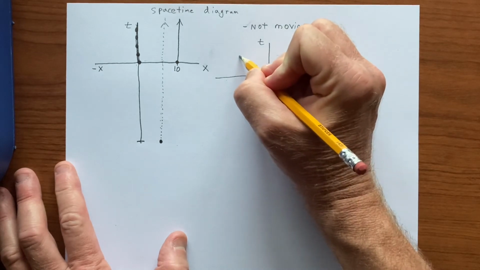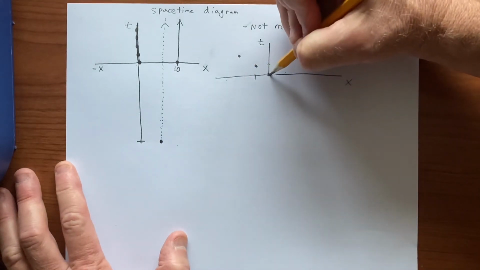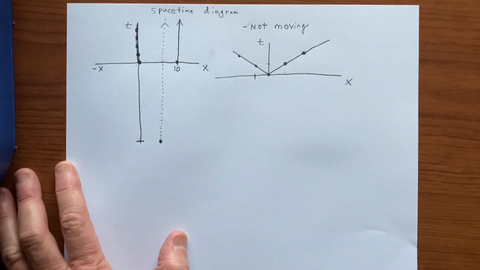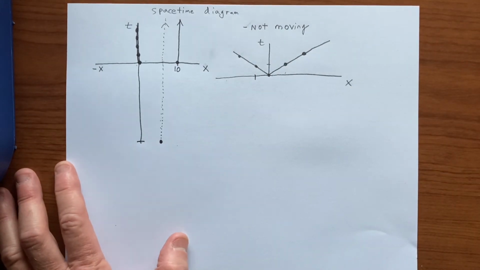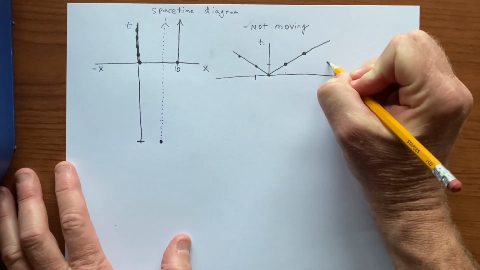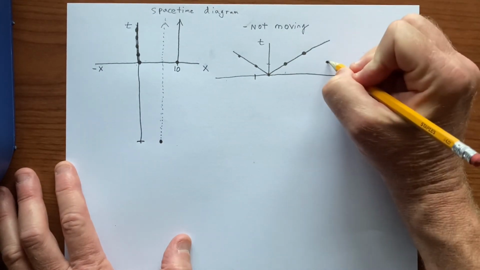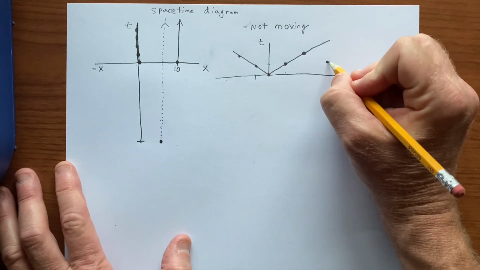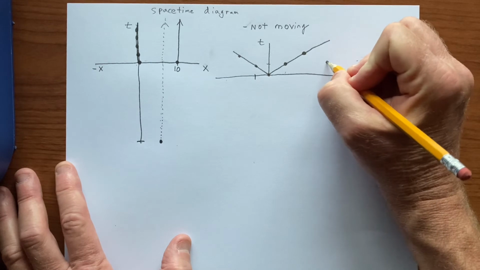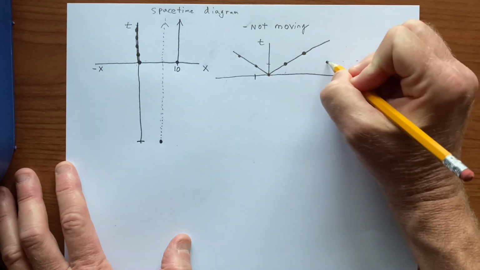And if I continue to move that way, my slope is unchanged, and it looks like that. But there's nothing special about starting here. I could start anywhere. I could be here and go at that same rate. And so if I'm going at that same rate to the right, then I want to go 1 to the right and 1 up, and that would be something like that.